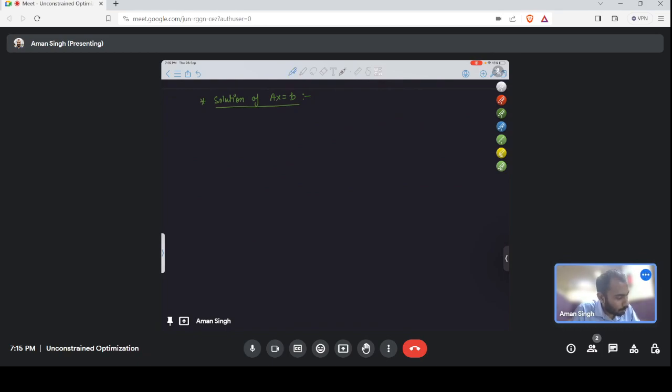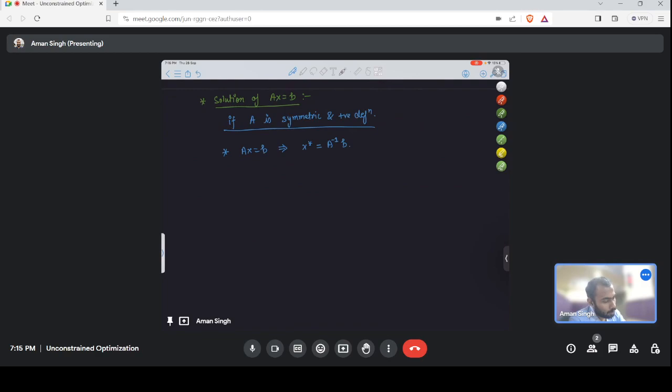So if A is symmetric and positive definite, how can you find the solution? One very obvious way is that Ax is equal to B implies the solution x star is equal to A inverse times B. Because it's symmetric and positive definite, we can always find A inverse.